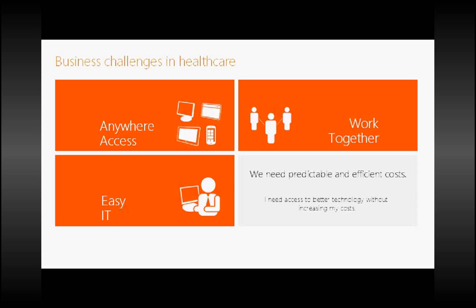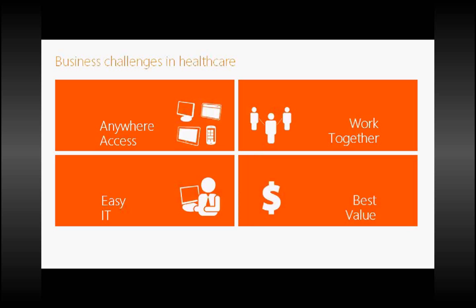So the need for efficient cost and predictability in cost when it comes to your IT infrastructure shouldn't be something you need to worry about when you've got other issues going on in the background. Office 365 is geared to make that easy and predictable, and that way you're not having to spend time on unnecessary things.